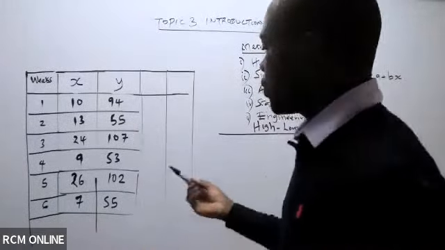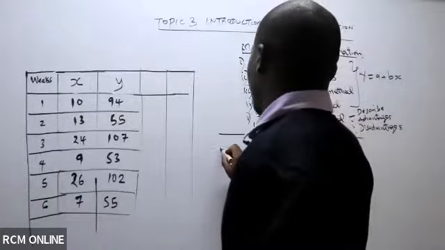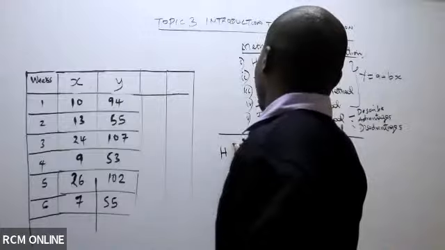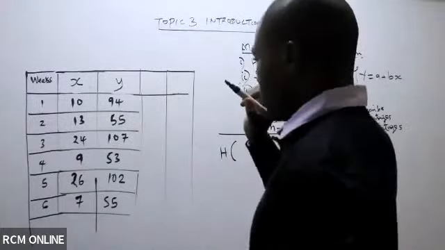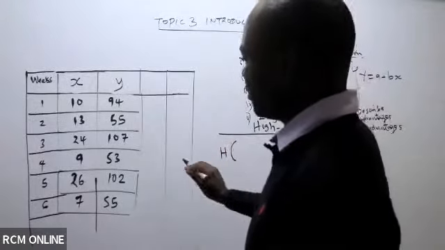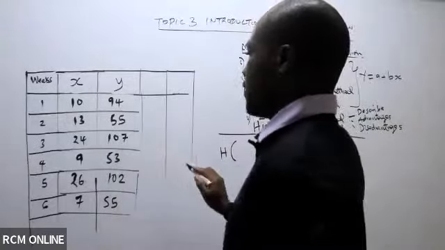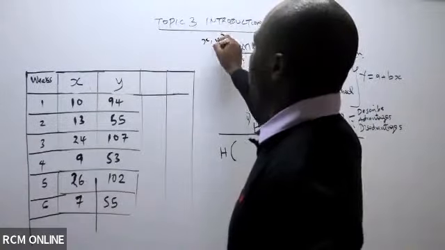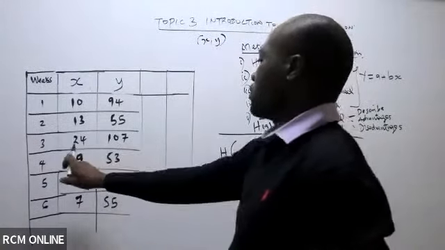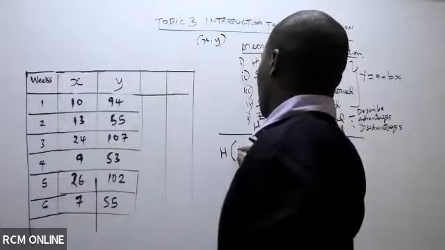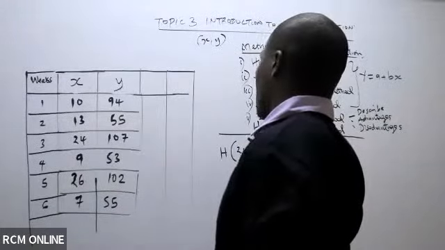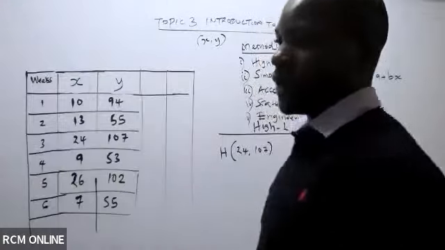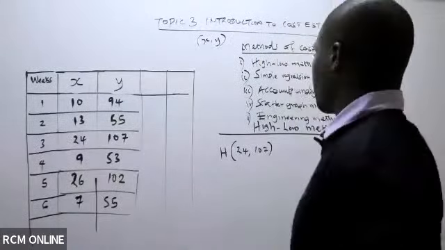Let's assume you are told to pick the highest value. So you're going to have two sets. I did that intentionally. Somebody will come and tell us the highest value here is 107. And because I said coordinates must be X, Y, they'll be referring to the corresponding figure here, so they're talking about 24, 107. Then somebody will say, no, that is not true.